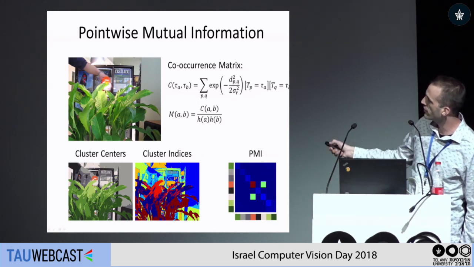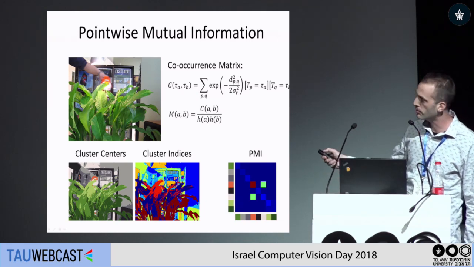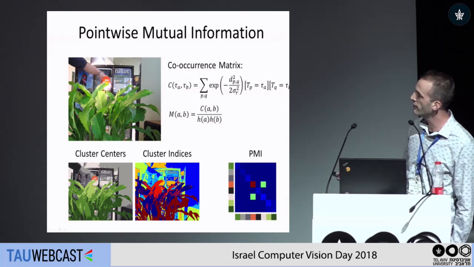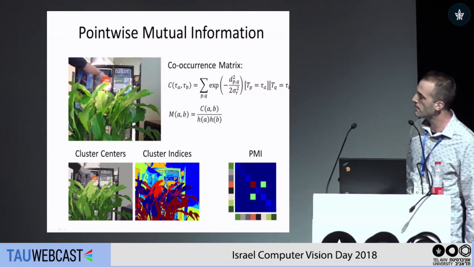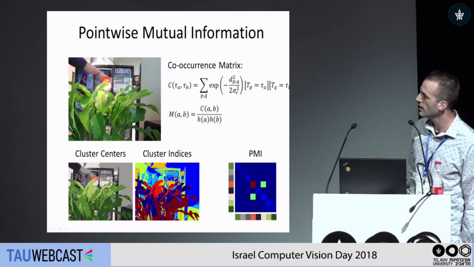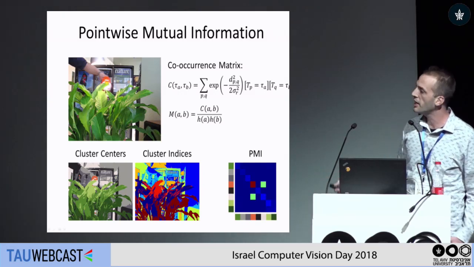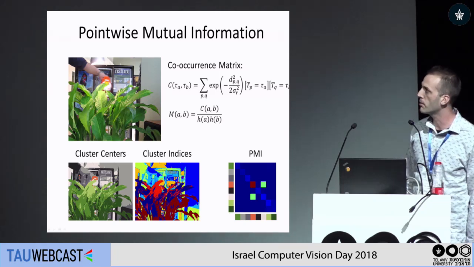It's the same matrix, but now it's normalized by the prior distribution, by the prior probabilities. And the PMI matrix reveals an interesting pattern. Through the PMI matrix, we're able to see that white and orange have meaningful co-occurrences in the image. So they co-occur a lot one by the other with respect to their prior probabilities.